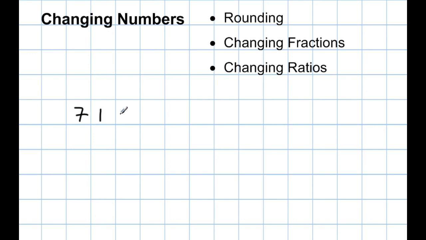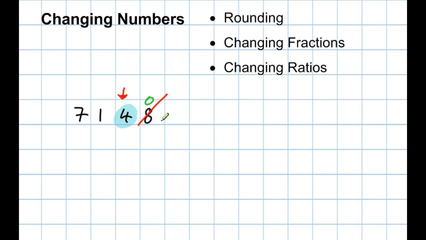So you've got a large number like this, and for whatever reason, you don't need to be that precise. We can round it to the nearest 10, and the way we do that is this. We put an arrow above the figure in the tens column, and then we get rid of that and replace it with a 0, and then we ask ourselves, do I make this 4 one bigger or not?